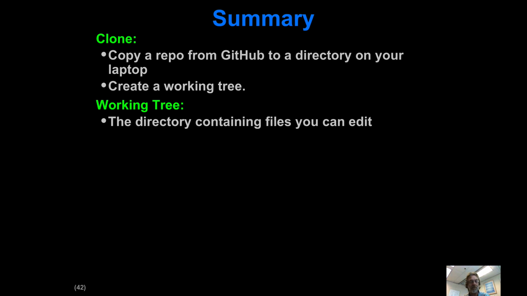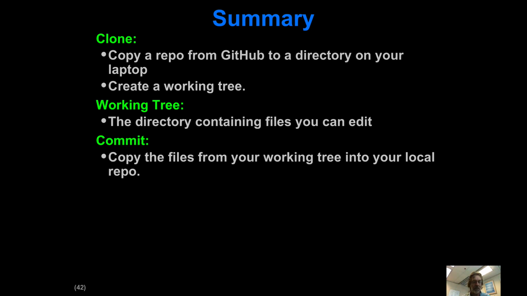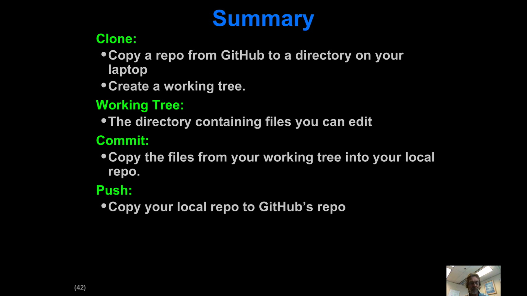The working tree is the directory in your file system where there are files that you can actually edit, or you can add files, you can delete files, do anything you want in there. Commit is the process of taking the files, the new files, deleted files, modified files from your working tree and pushing them into your local repository.